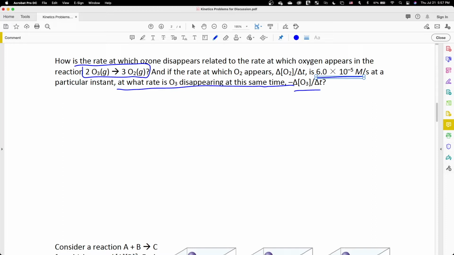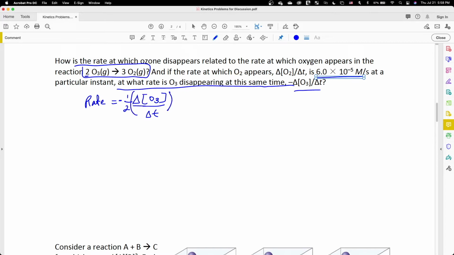If you remember from the slides, from our notes, the rate equals the loss in the change of O3 over the change in time, right? But we're not exactly finished with that yet, because we have a coefficient of 2 in front of the O3, which means it's actually 1/2 times the loss, negative 1/2 times the change in concentration of O3.